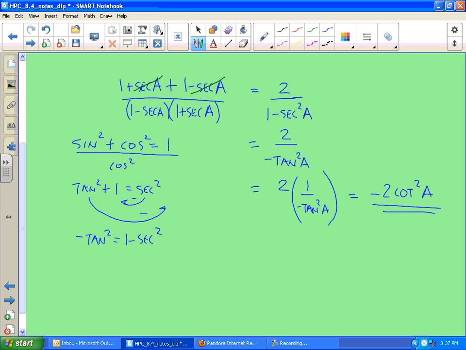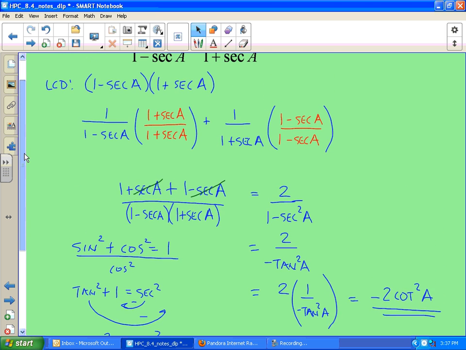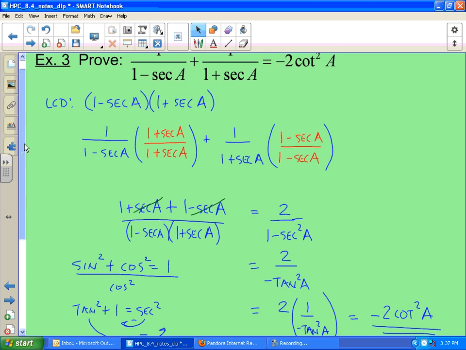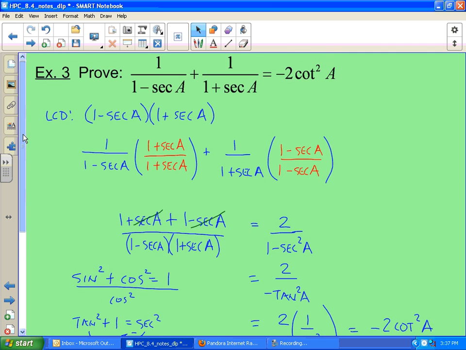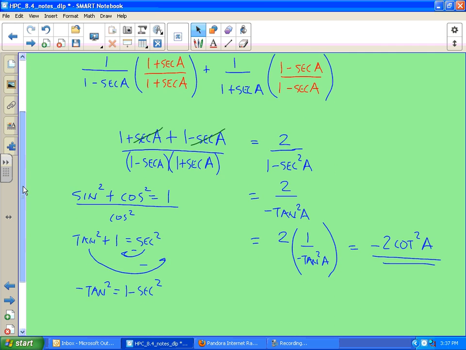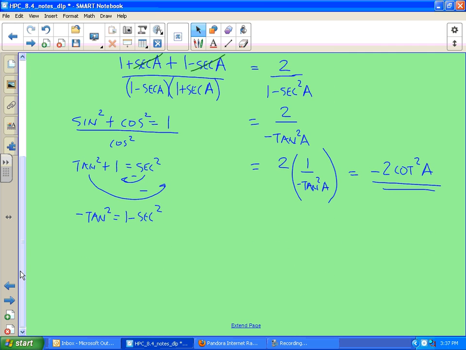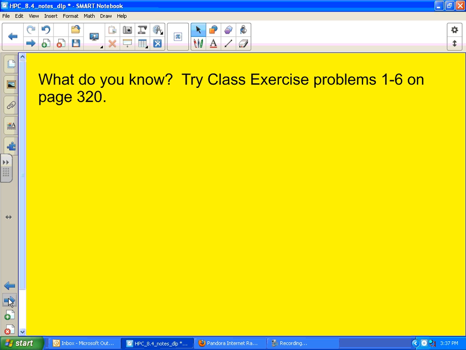So there we go. We've taken the left side and we've proved that it is equal to, in this problem, the right side, negative 2 cotangent squared alpha. There we go.